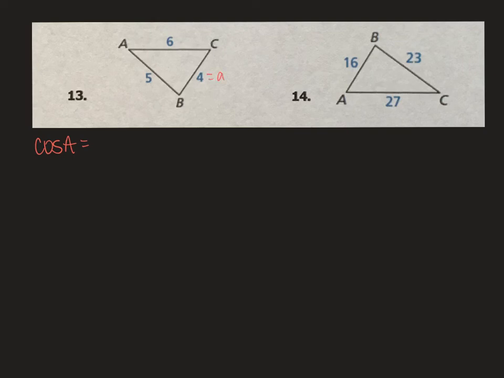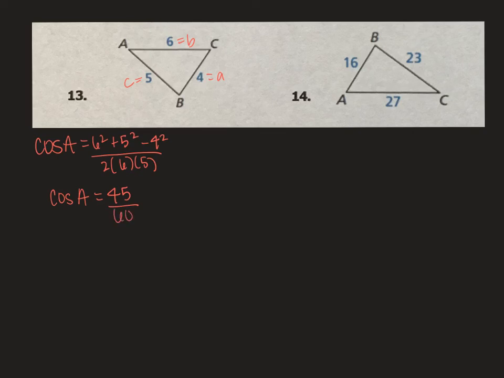So side A is 4, side B is 6, side C is 5. So cosine of A is going to equal B squared plus C squared minus A squared all over 2 times B times C. So 36 for 6 squared, 25 for 5 squared, minus 16 for 4 squared is going to give me 45. 2 times 6 times 5 is going to give me 60.